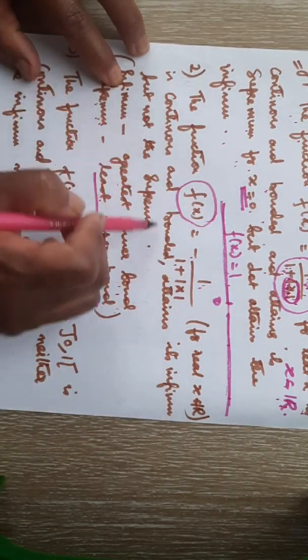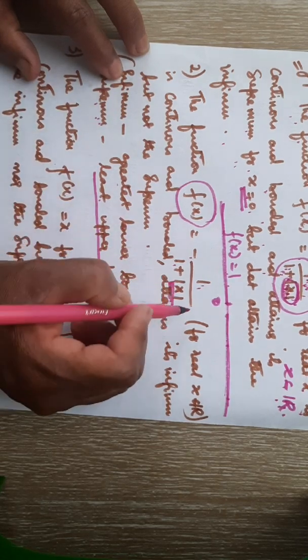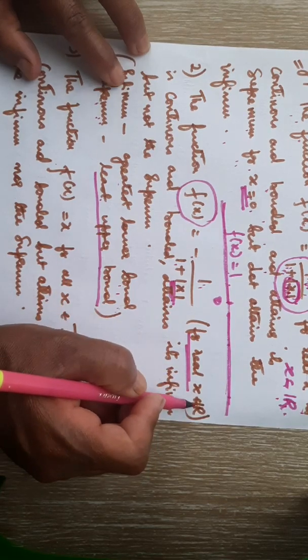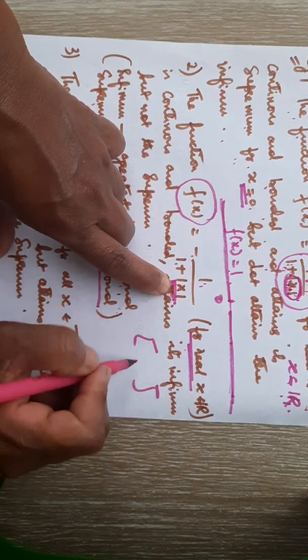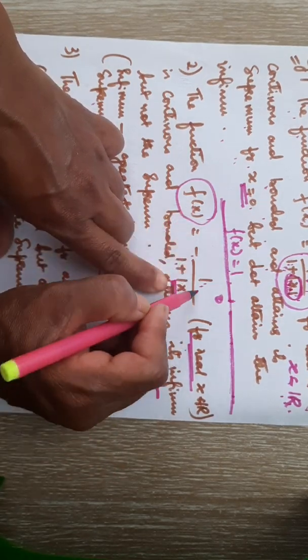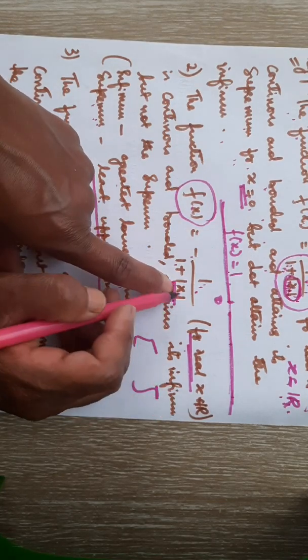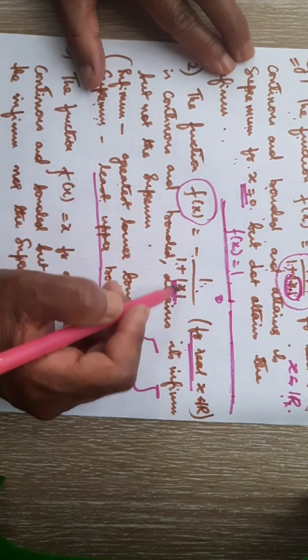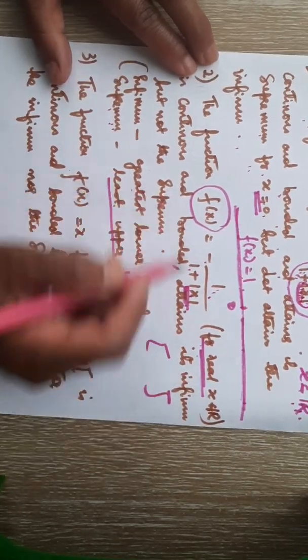It will not attain the supremum in this case, because the exact value of x in the interval R does not exist where f(x) will give you the maximum value. If I take x to be minus infinity, then it will be 0, but infinity is not a point in the interval.